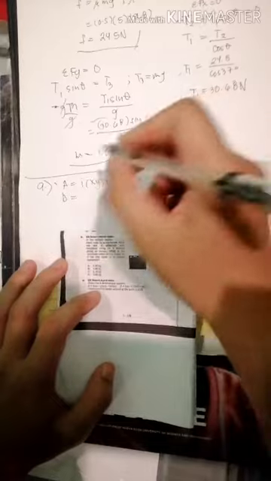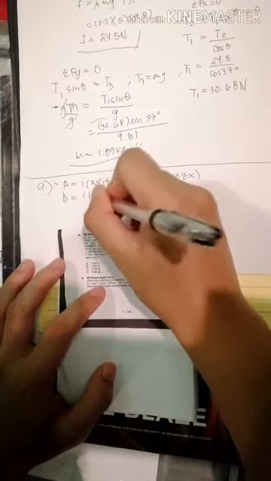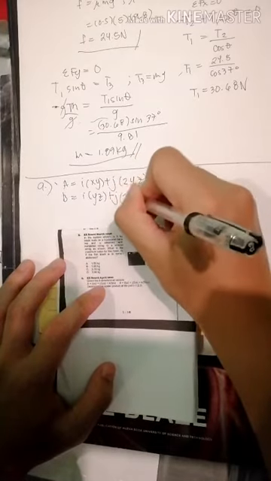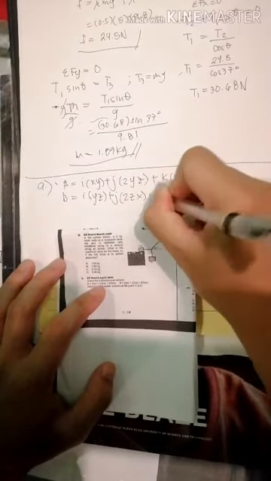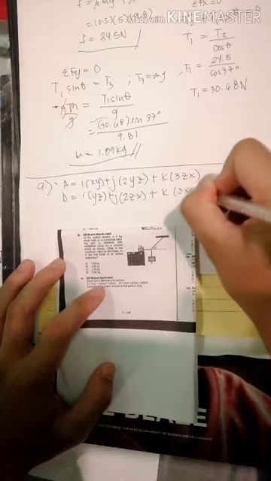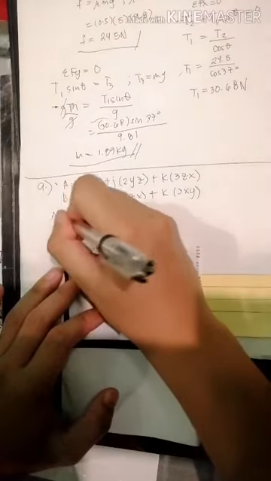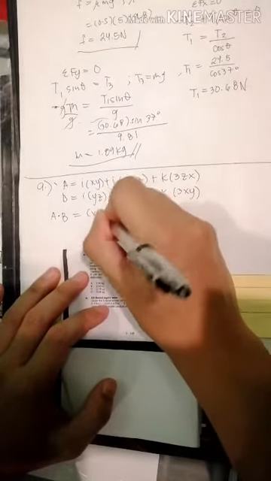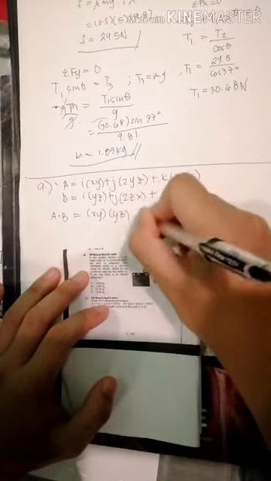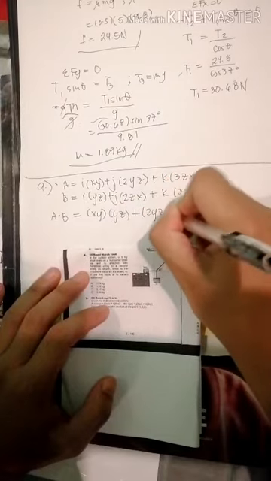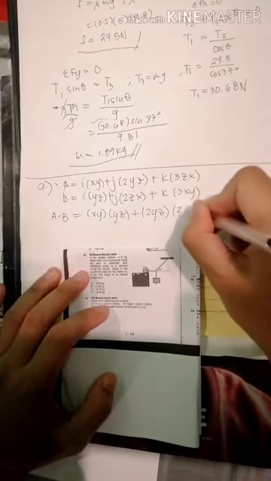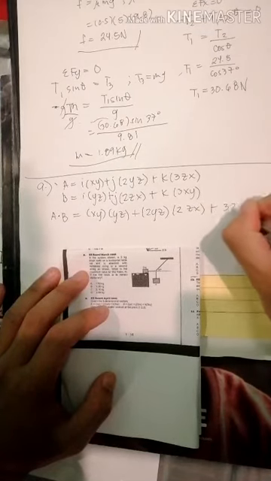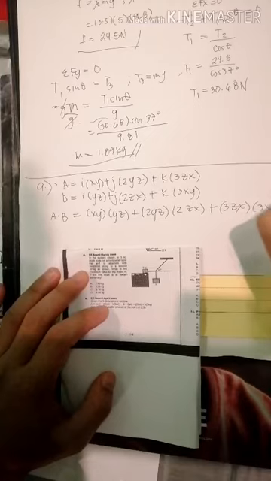B is i yz plus j 2zx plus k 3xy. Scalar product A dot B is xy yz plus 2yz 2zx plus 3zx 3xy.